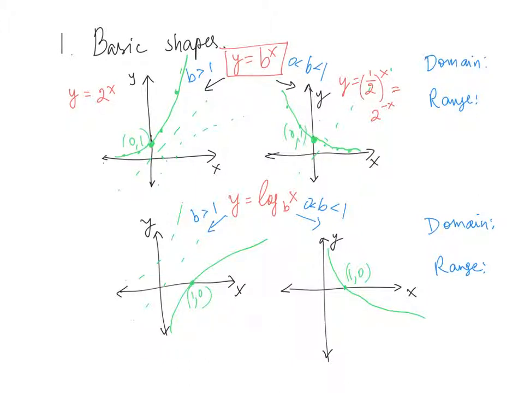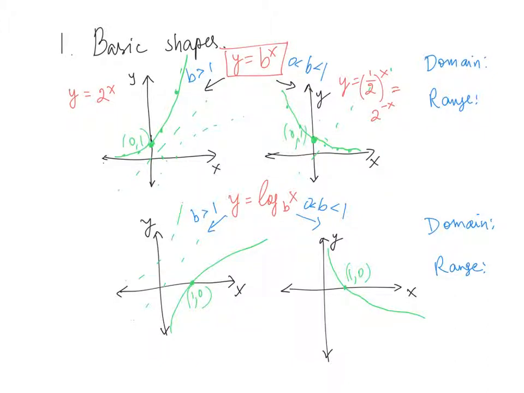And again, the horizontal asymptote here, the graph approaches to it. It becomes the vertical asymptote here, and again, the graph approaches to it, never crossing it, which calls for question. So what is the domain and range of these functions?